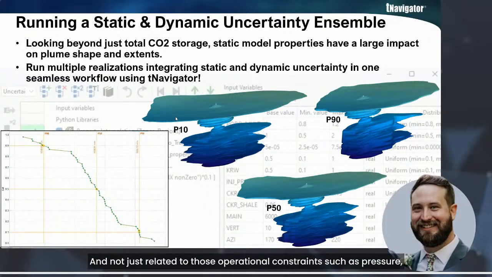And not just related to operational constraints such as pressure, but the actual rock in the reservoir that might be hindering the growth or migration of this plume. Then we can see multiple quantiles, different cases, and back those out and see what those look like in T-Navigator.